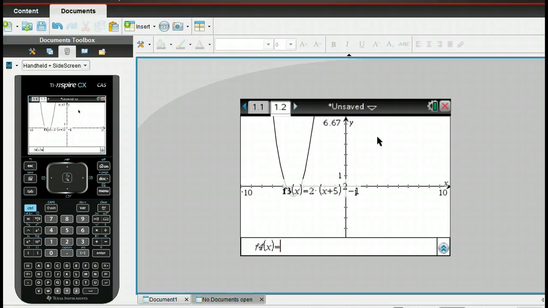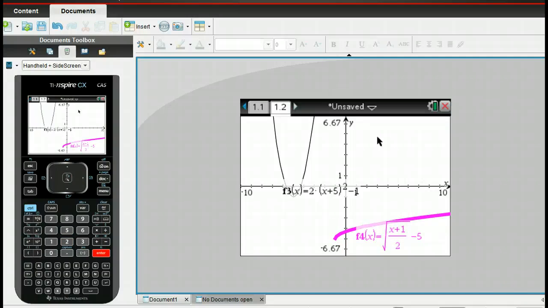All right. So now let's put in the new equation to see what actually happens. I'm going to do square root of (x plus 1) divided by 2, and then I'm going to subtract 5 from it. Notice what happens. It only shows half of it, right?